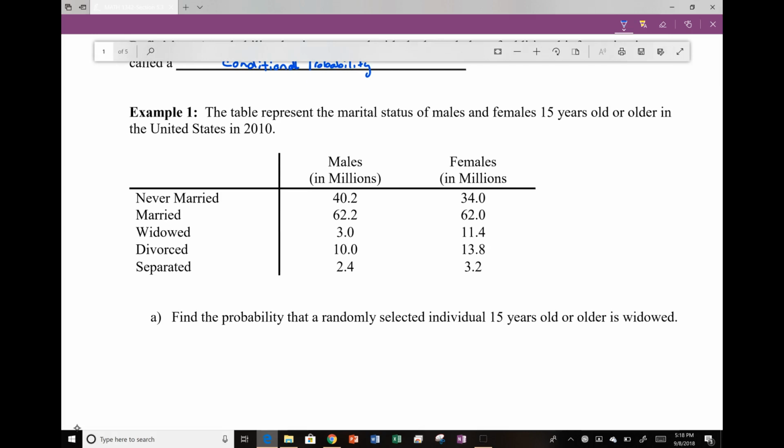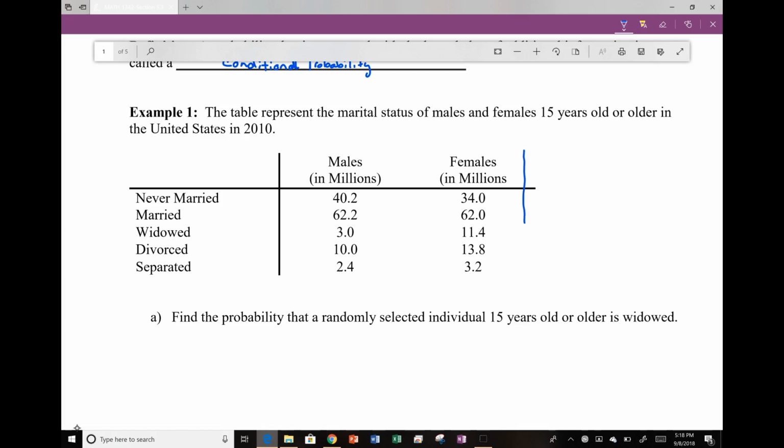The table represents the marital status of males and females 15 years or older in the United States in 2010. So in 2010, there were 40.2 million males that had never married. This is a contingency table, which we've discussed before.